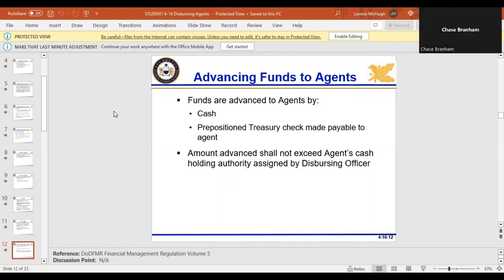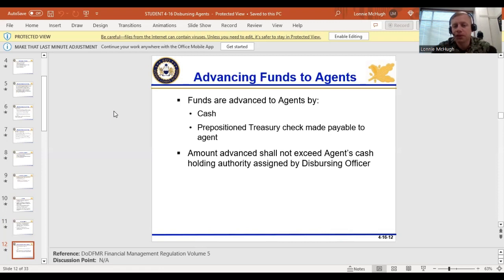All right, so this is where we get into our enabling objective, which is advancing funds to these agents that we've been talking about. So you're going to advance funds to these agents with either cash or a pre-positioned treasury check made payable to that agent.